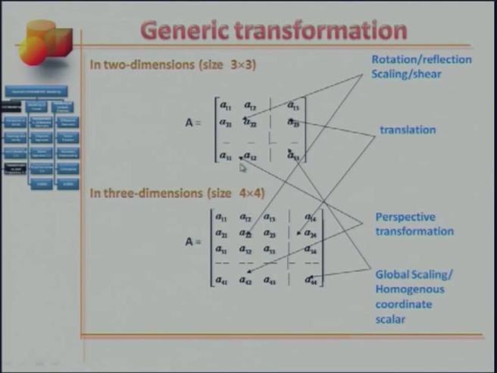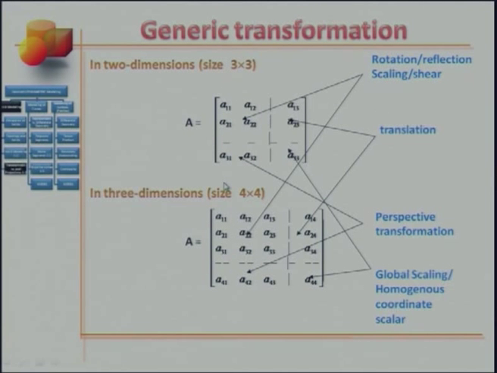The bottom left will be invoked in case we need to view an object in its perspective transformation, and the bottom right number is used essentially when we are performing global scaling.